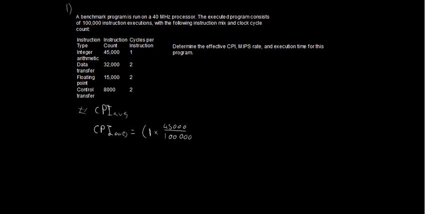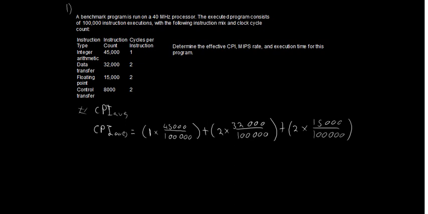Plus 2 times 32,000 divided by 100,000, plus 2 times 15,000 divided by 100,000, then plus 2 times 8,000 over 100,000. So what's the answer here?